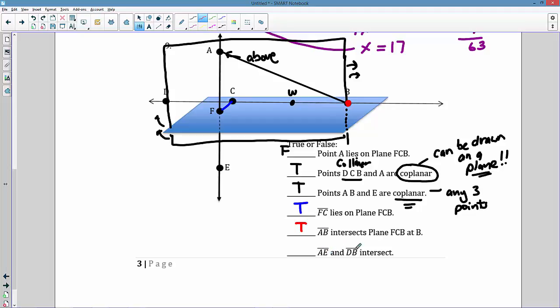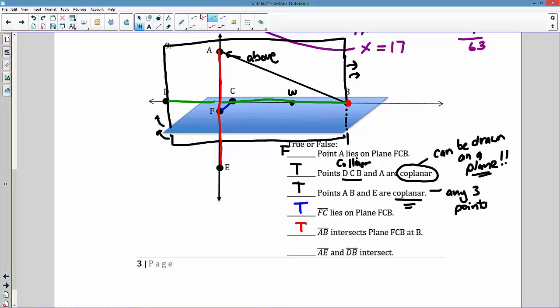And finally, segment AE and DB intersect. So segment AE, that's this red one up here, and segment DB is the one back here. Do they intersect? Okay, it looks like they intersect, but they don't, because that's where FC is coming from, right? So F is more in front of C, so this red line is in front of the green line.